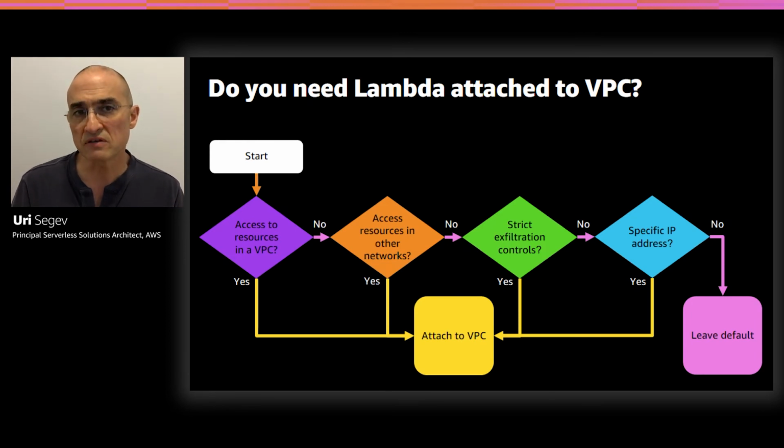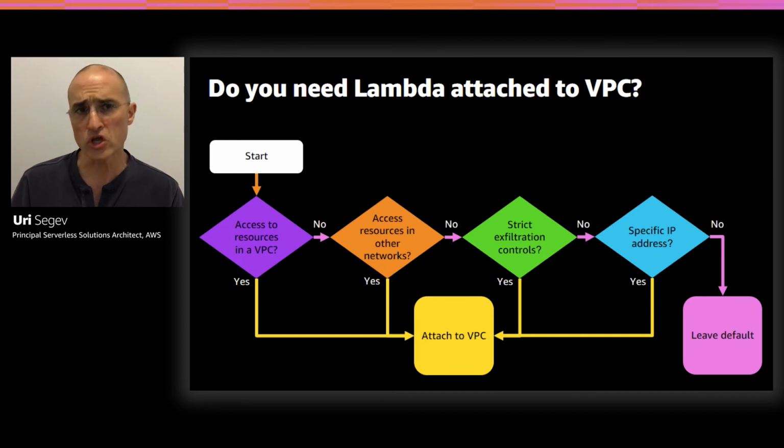If you use a default Lambda function, you will not know where it's coming from. To do that, you will need to attach the Lambda function to a VPC, use a NAT gateway, and use something called an elastic IP address, which you can allocate and attach to the NAT gateway so that all the traffic that goes from that specific NAT gateway will come from a specific known IP address that you can control, and when you release it you can move it to a different appliance and so on.